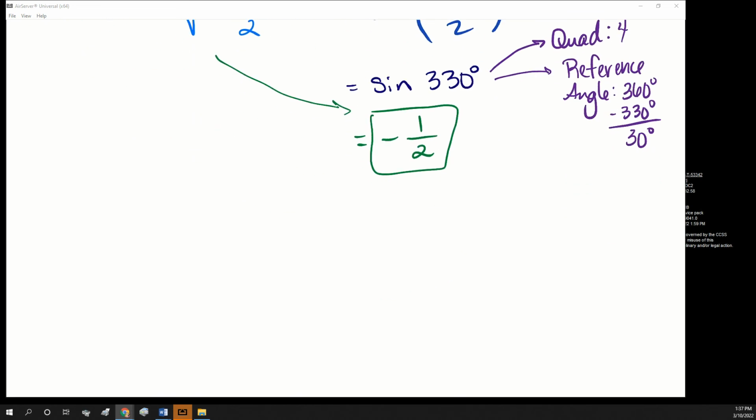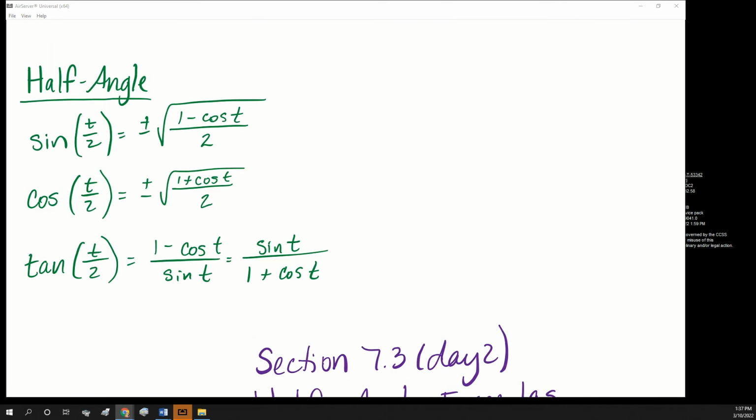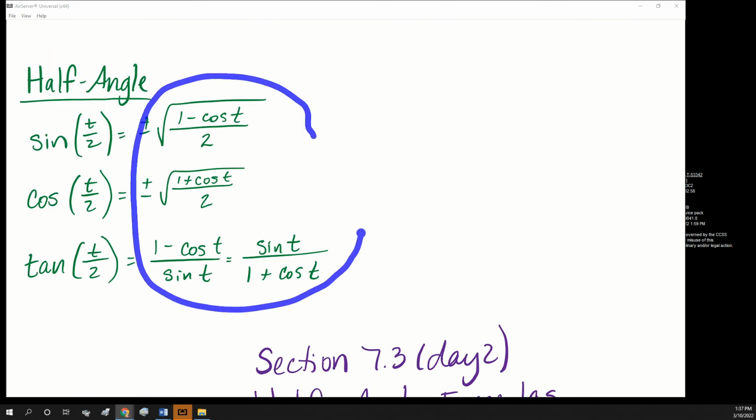Okay, so let's look at another one. So for B, we have another fraction. The numerator is the sine of 450 degrees. And our denominator is 1 plus the cosine of 450 degrees. And we'll go back and we'll look at our half angle formulas.